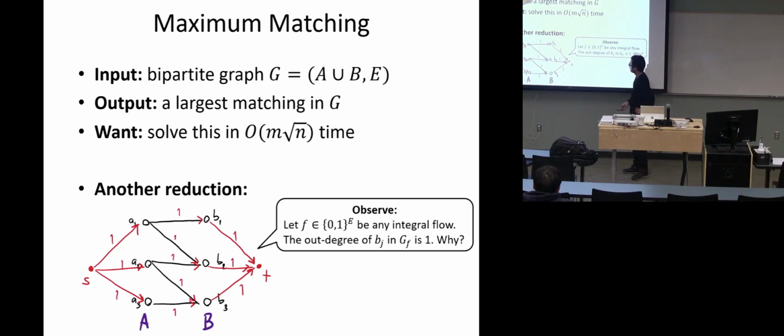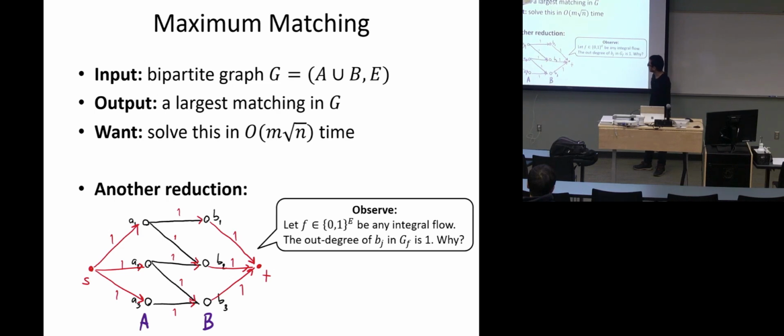If you look at an integral flow, and suppose f is just some integral flow, I claim that the out degree of any node on the B side will be 1.